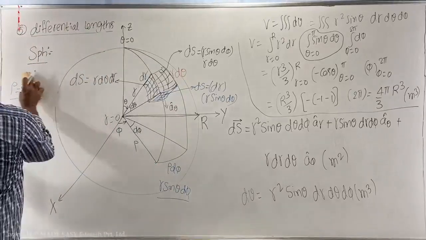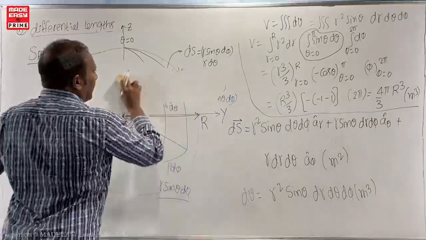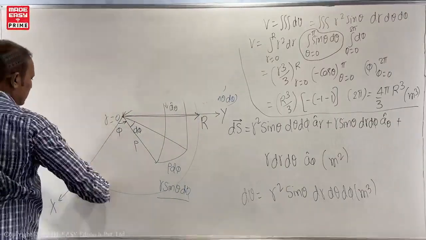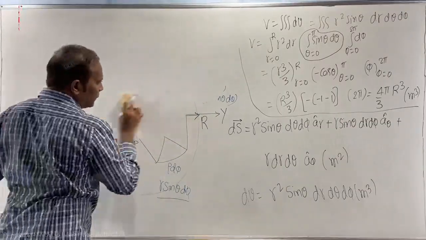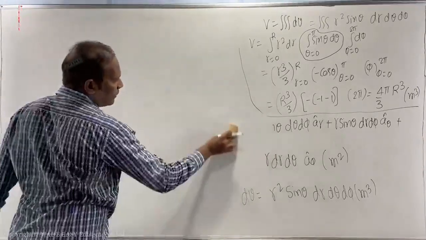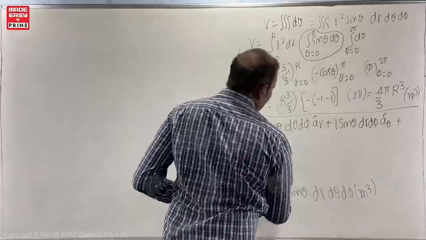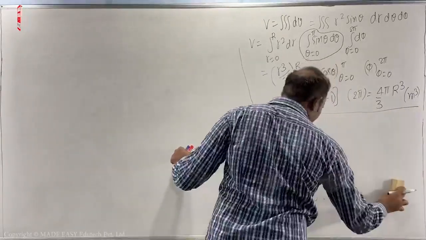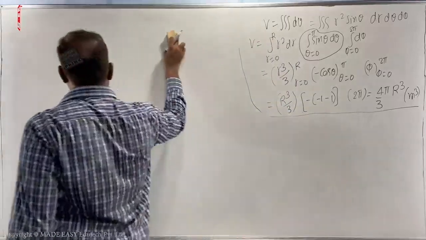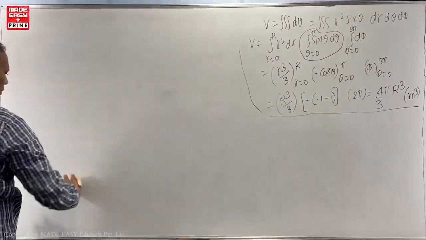So for example, I will tell you, you see this one. Dear students, if you have a very small line, you see this one.